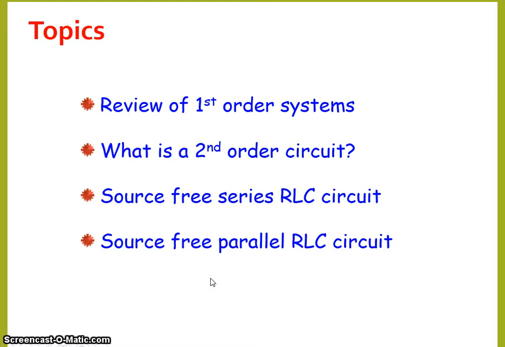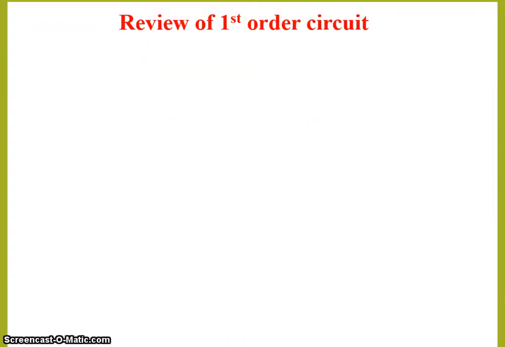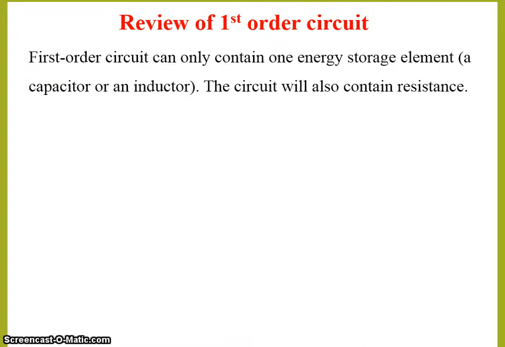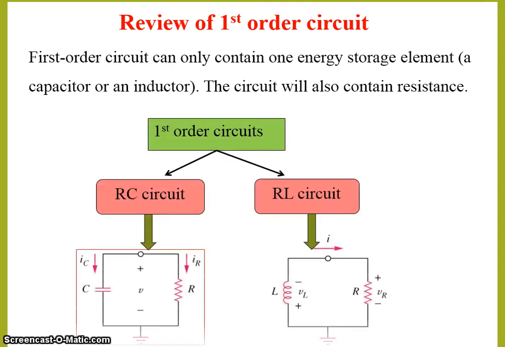Before getting into the RLC circuit, let us review your first order system, what you have studied before. When we say it is a first order circuit, it contains one energy storing device, either a capacitor or an inductor, along with a resistor.